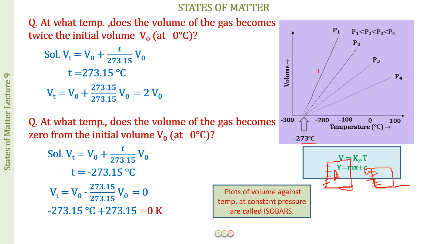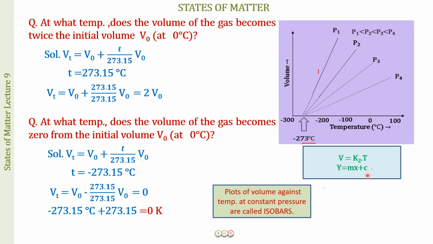And this also you can understand, just let me rub this, that we have the equation for Charles law to be V equal to K2 into T, right? So when we write this, we know that V is directly proportional to T, but we can write this equation as y is equal to mx plus c. Right, so c is 0.